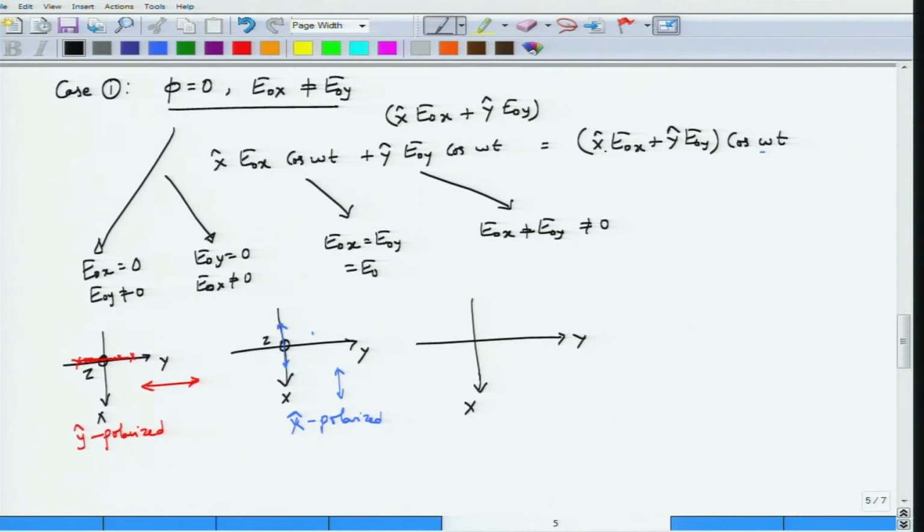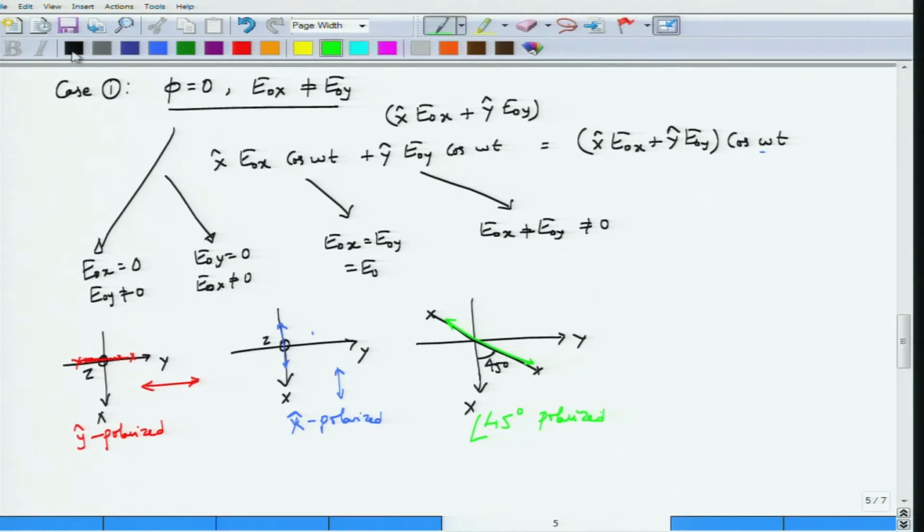So the tip of the electric field vector must point along 45 degrees with respect to the x axis, and it would start off with a maximum value of E0, then go to 0, and then go to the negative maximum value of minus E0. In any case, it is oscillating along this straight line at a 45-degree angle with respect to x, and therefore this is called 45-degree angle polarized.